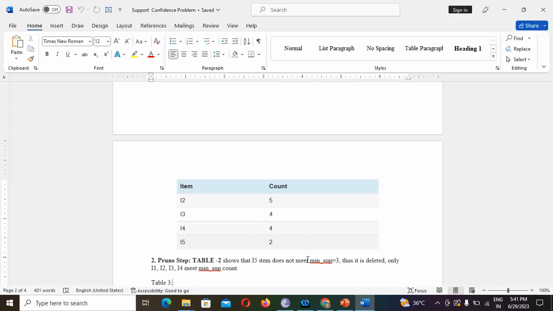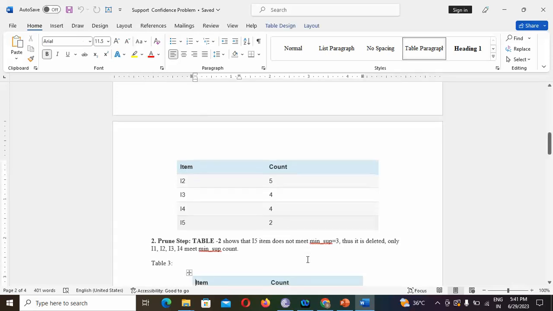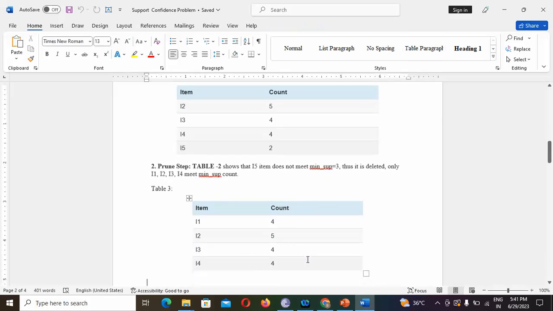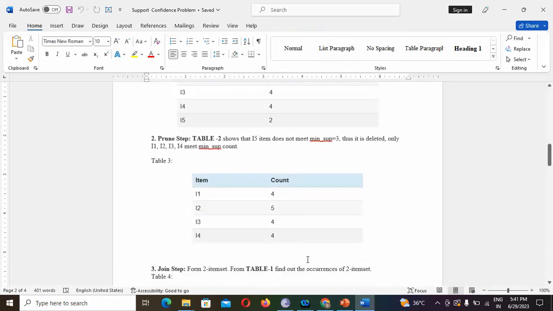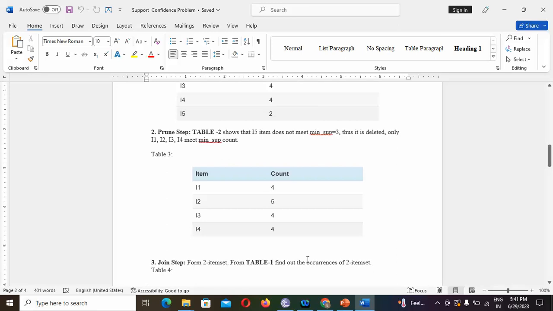Again, the reason we prune item 5 is that our minimum support value is 3 and item 5 has a value less than 3. We take the remaining items as they are: I1 4, I2 5, I3 4, and I4 4.